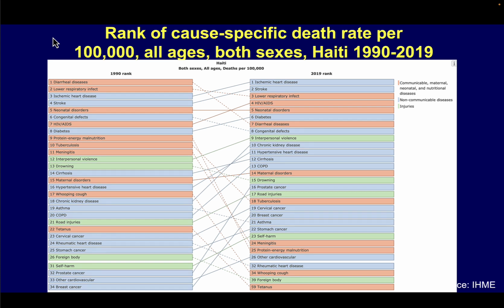So it's really important to keep these limitations in mind when you interpret mortality data, especially from places where death registration may be very incomplete, and in situations where most of the deaths are occurring outside the healthcare system. But if you look at this chart that the Global Burden of Disease study puts together, you get a sense that there's more certainty than I think there really is about what the rank order of the causes of death are in Haiti and how they've changed over time.